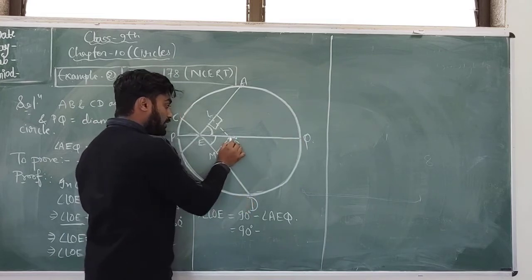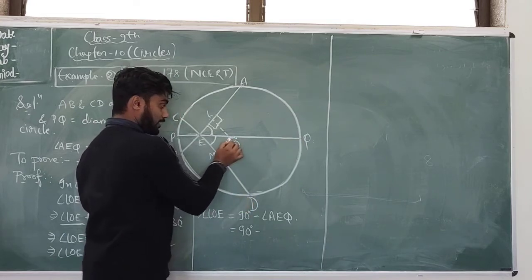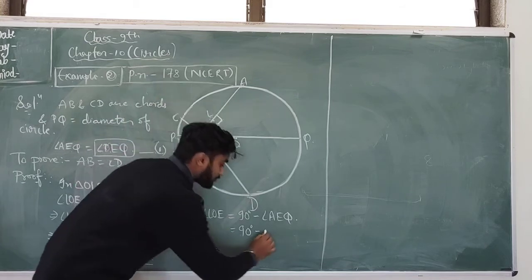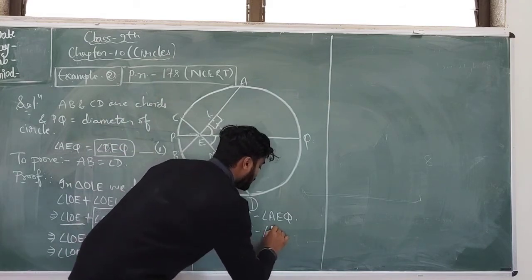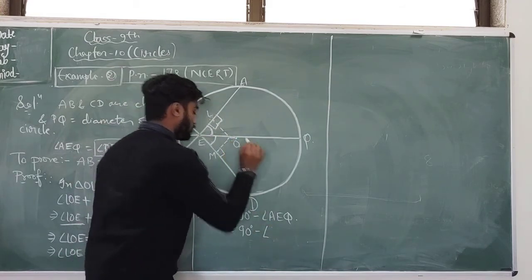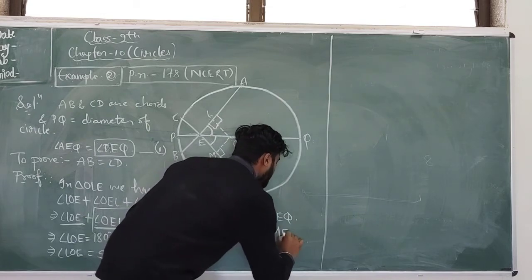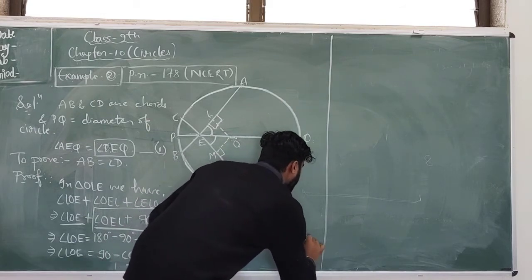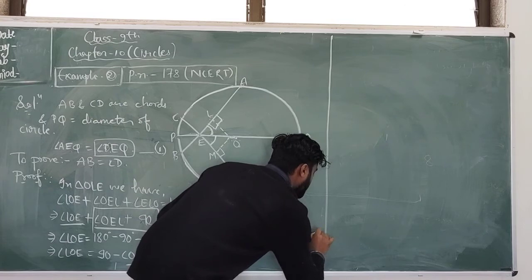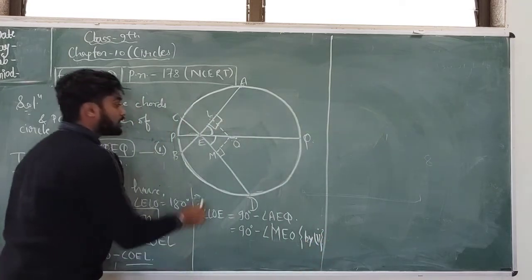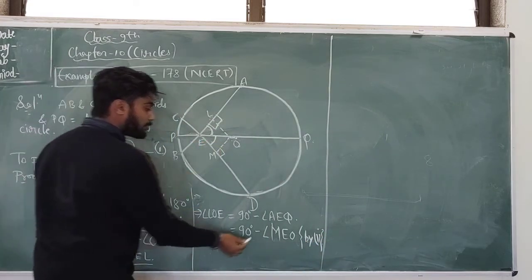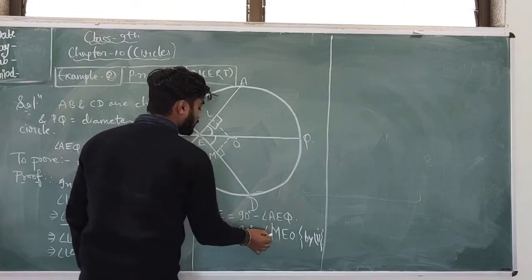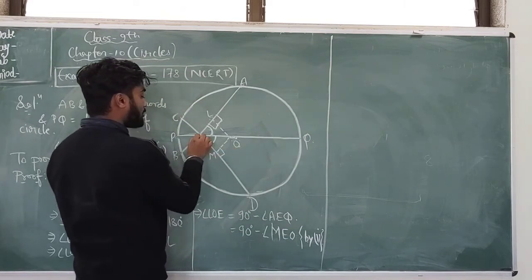Or what we can write here is angle MEO. Directly I have done this: this angle is equal to this, so I have replaced AEQ in the place of MEO. Where is MEO? MEO is this one.